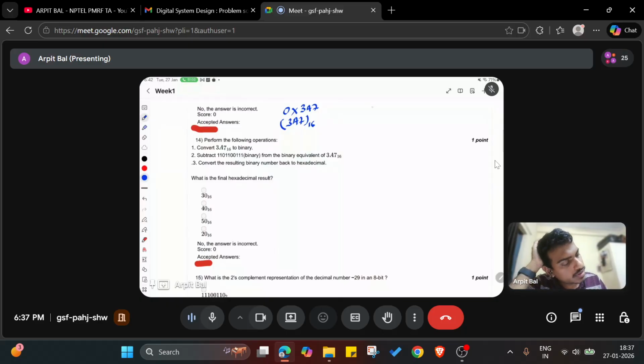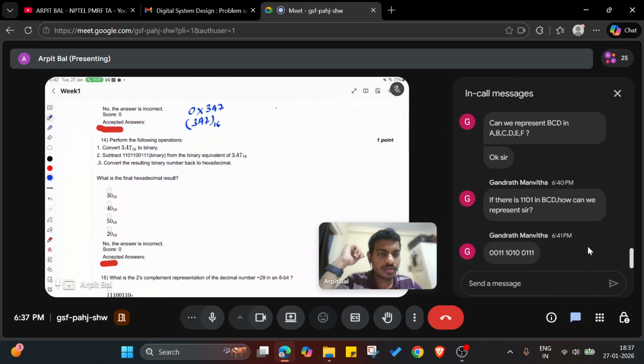Okay, let me first answer the query. If there is 1101 in BCD, 1101 will not be a valid code in BCD. The reason is that in BCD you take digits from 0 to 9. If you remember, in K-maps any number above 9 in BCD till 16, we used to take as don't care.